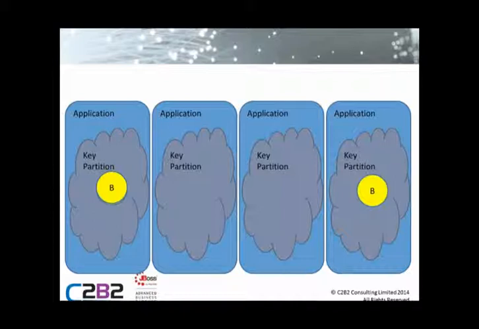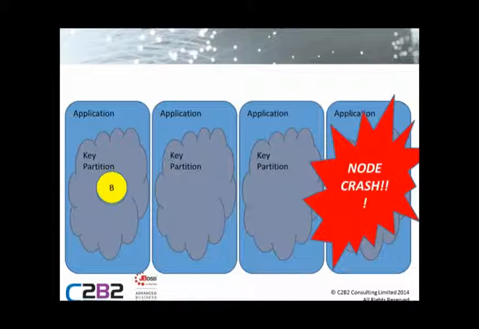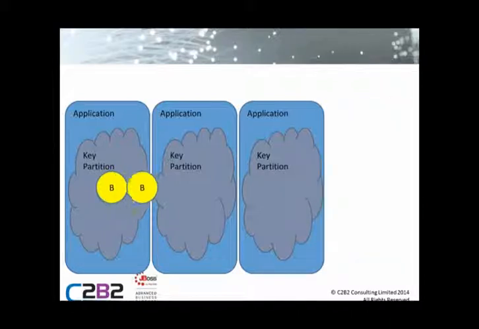In this case, we have a single duplicate. What that means is that when there's a node crash, you don't lose all your data. If one of the JVMs dies within the cluster, another JVM will take over and host the secondary duplicate. And you can have more than one depending on the levels of resilience you require.